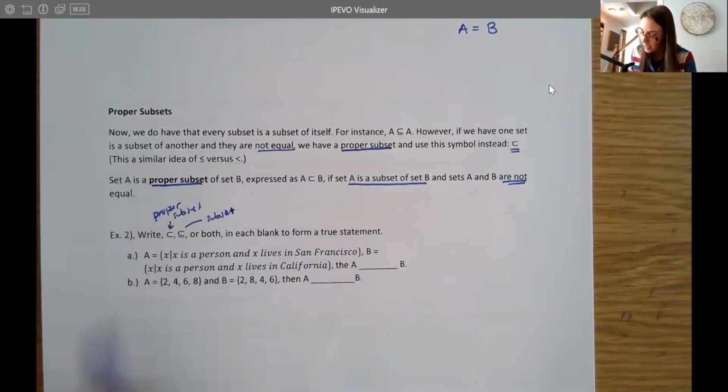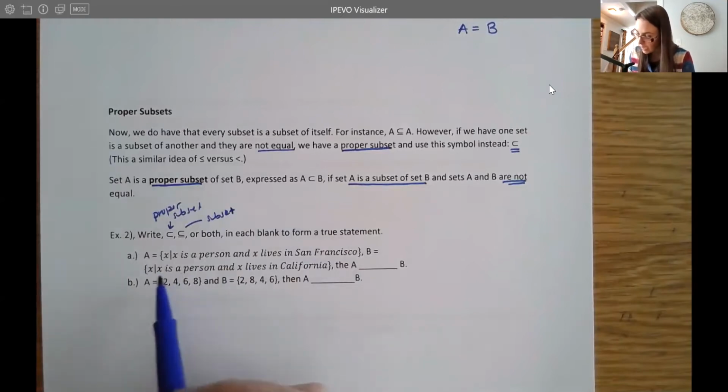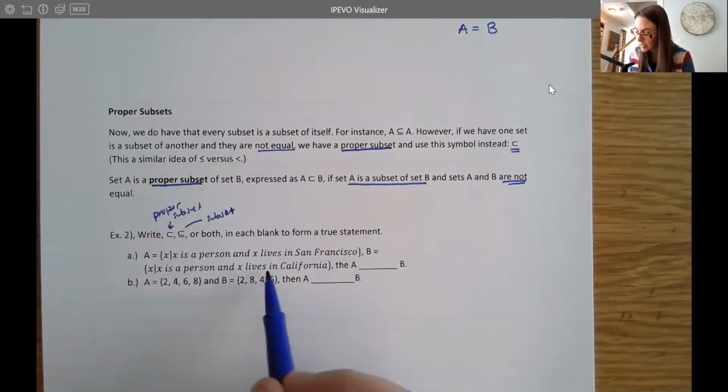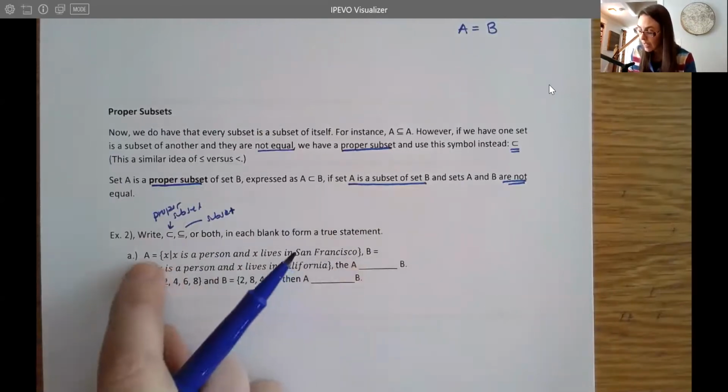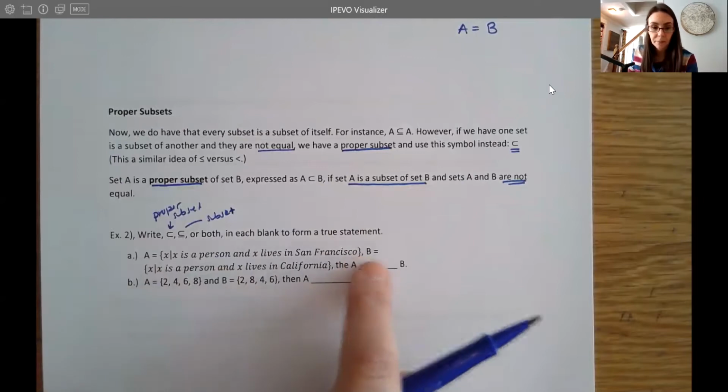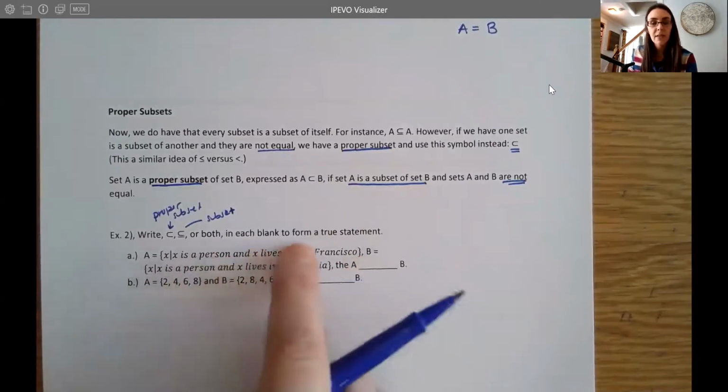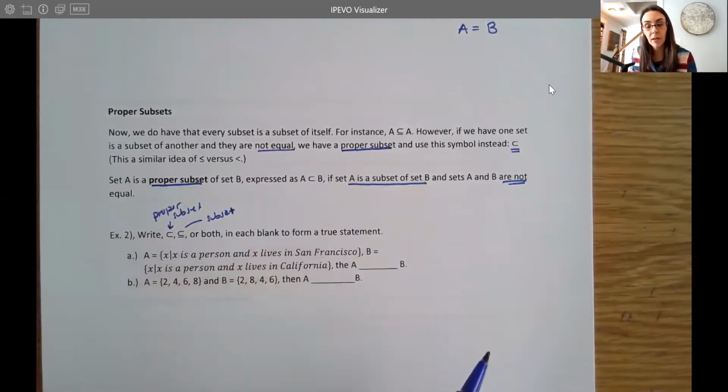So A, X is a person, and X lives in San Francisco. B, X is a person, and X lives in California. So first of all, A is definitely a subset of B, right? If someone lives in San Francisco, they do live in California, but obviously there are more places that you could live in California besides San Francisco.